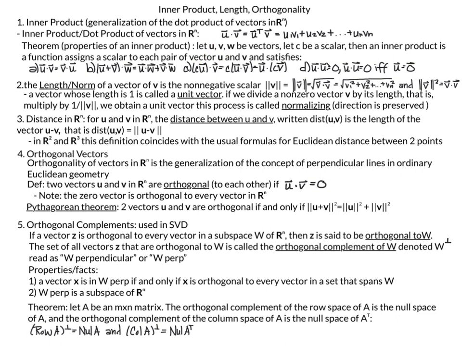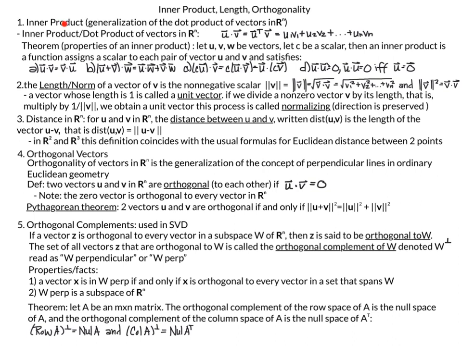So scalar c times u dot v is equal to c times u dot v, which is equal to u dot c times v. Then last, if we take an inner product with itself, u dot u, it's always greater than or equal to 0, and equal to 0 if and only if u is equal to 0.